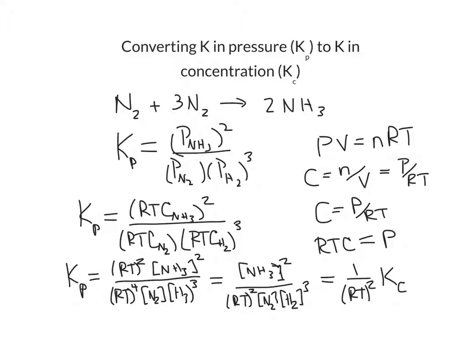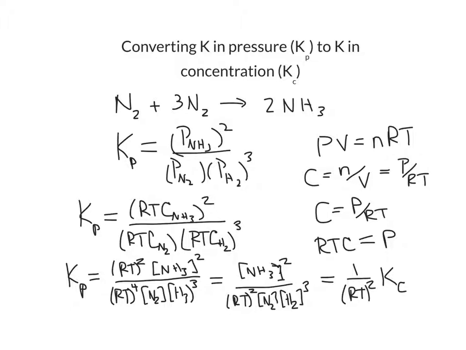And the power of RT in the denominator will always be equal to the total number of moles of gas in my balanced reaction in the reactants, because the denominator represents reactants and the numerator represents products. So I have RT raised to this number of gas moles in my products divided by RT raised to the number of moles of gas in my reactants.